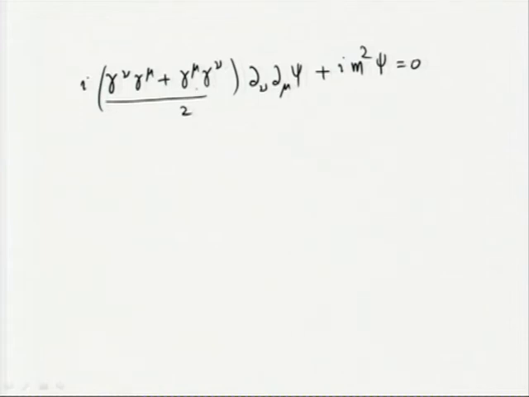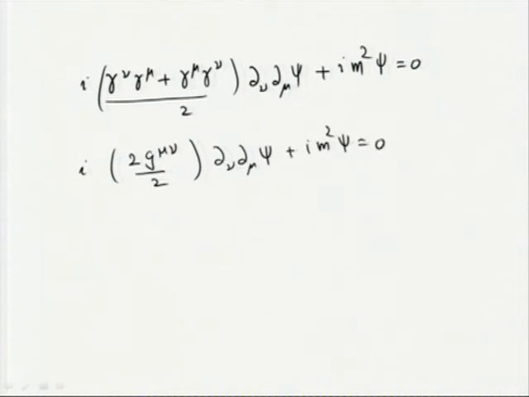But now, we had an anti-commutation relation between gamma matrices, and that tells us it is equal to 2 g^{μν}/2 ∂_ν ∂_μ ψ plus i m² ψ equal to 0. i is common, I will take that away.